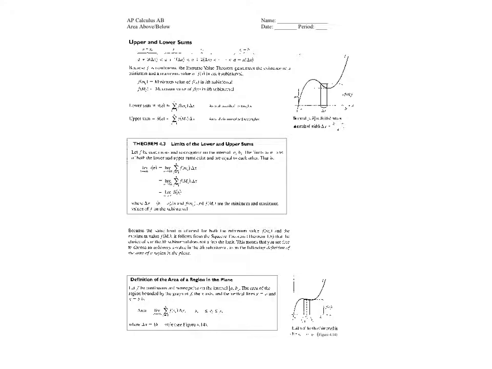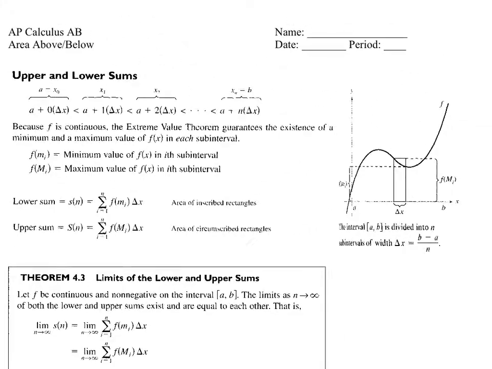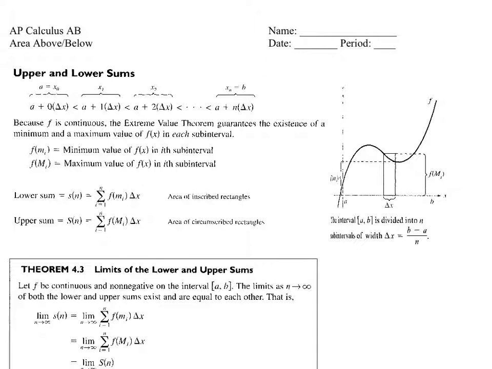All right, so we have here upper and lower sums, and you have this idea of the delta x, or that was, in the case of our example yesterday, the 3 over n that we were looking at, or the b minus a over n once we generalized it.